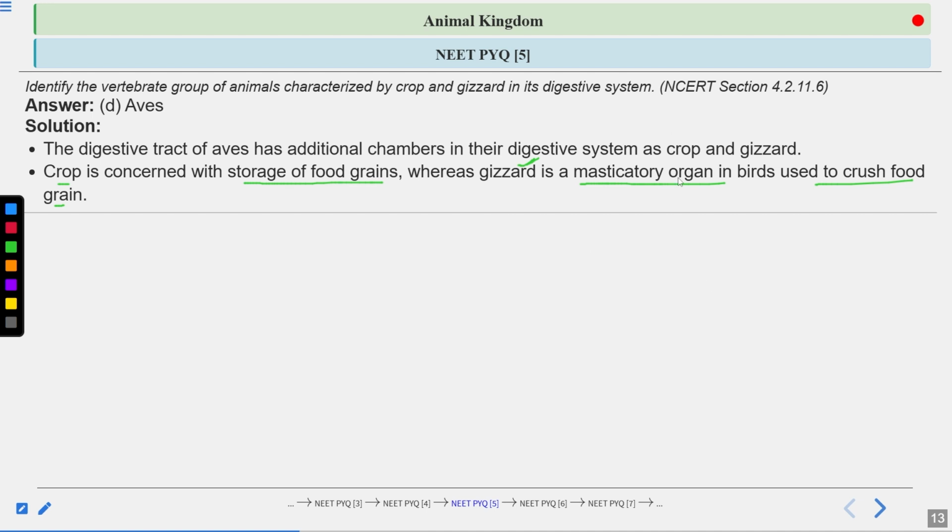But this is a very important feature. They are also called ectotherms, poikilotherms, cold-blooded animals, and that means their body temperature fluctuates with the surrounding environment, right?